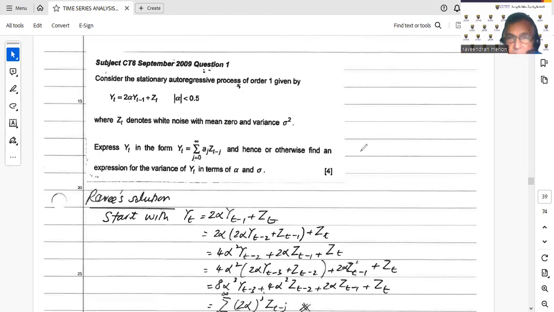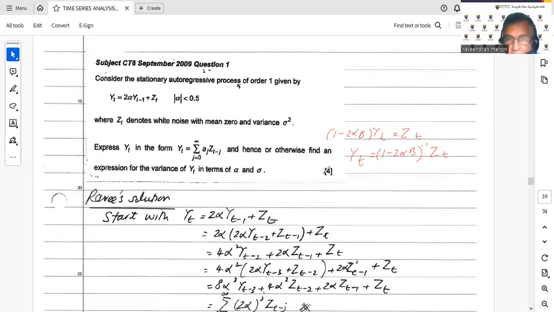This one here will be 1 minus 2 alpha B. Let me use the backward shift operator. It equals Zt. So Yt will be equal to (1 minus 2 alpha B) raised to -1 Zt.